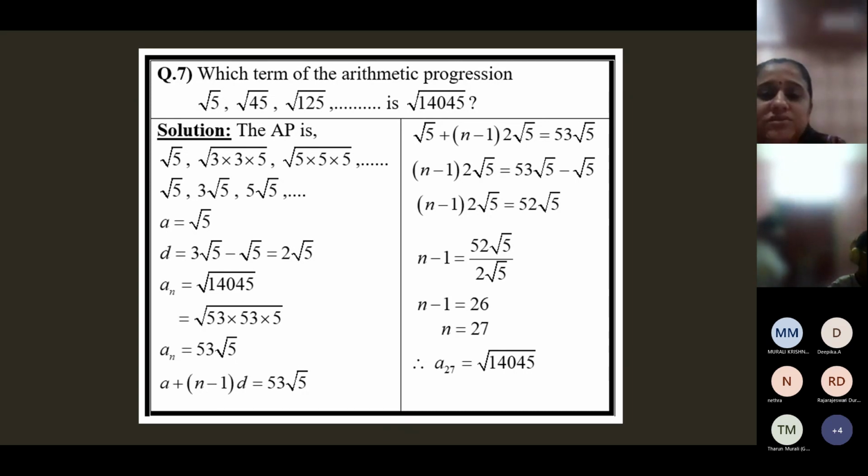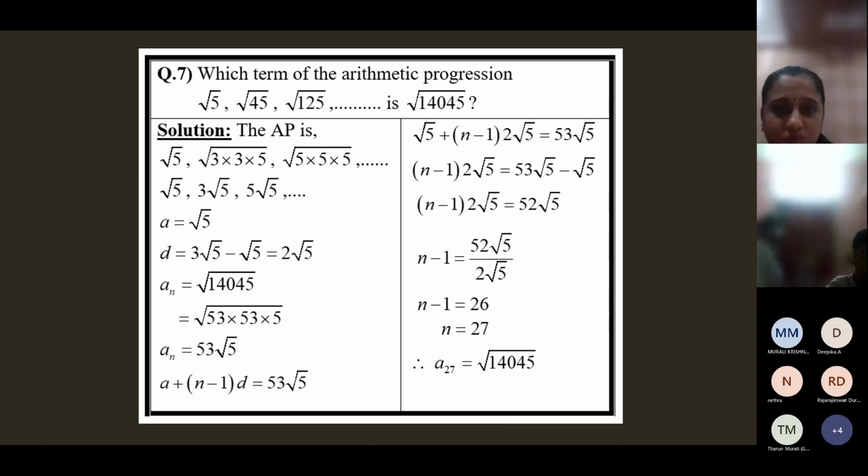Yes, children, since it's time, just take a screenshot. I've told you whatever you need. So n is equal to 27, which means the 27th term, a27, is square root of 14,045.